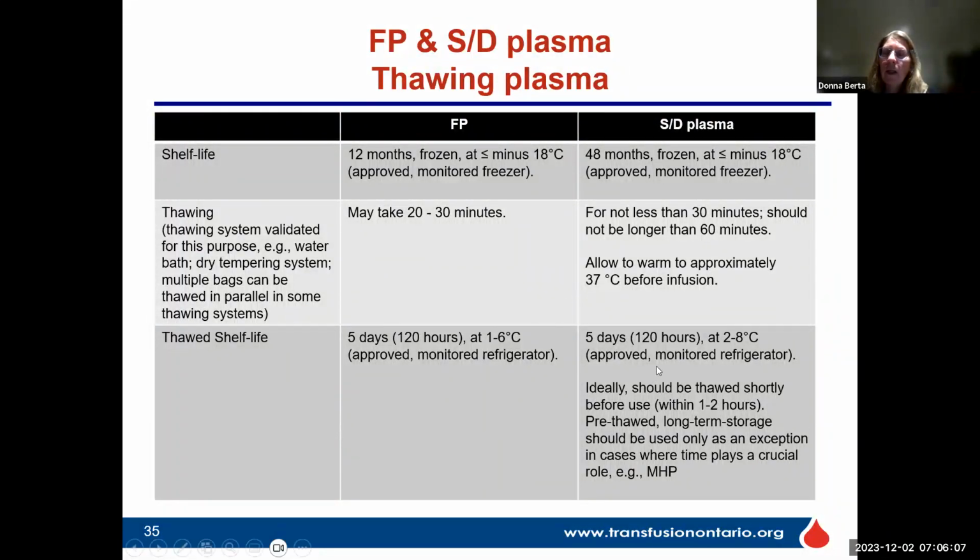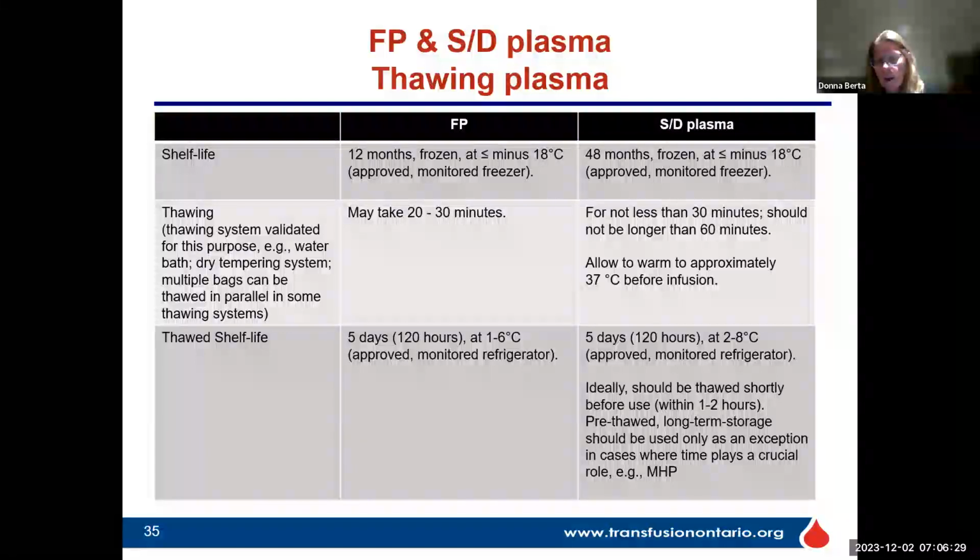So if SD plasma has been put into the fridge after it's been thawed, there is a little bit more involved, and we'll talk about that when we talk about visual inspection of plasma in a few slides down the way, because you'll see what I'm referring to there. So in this case, you may want to call blood bank, or you may not want to, and give them a little bit more time to see what's going to happen with Freddie.